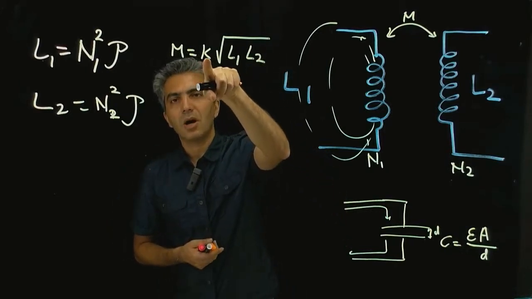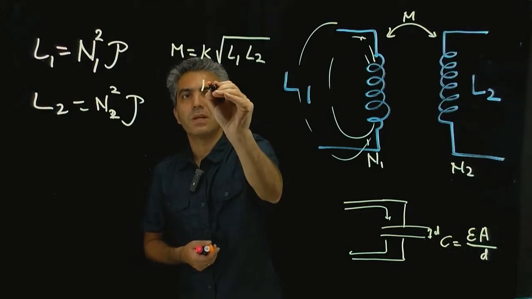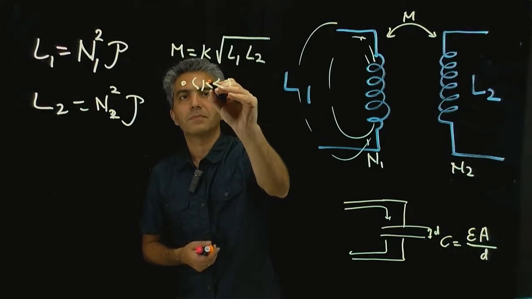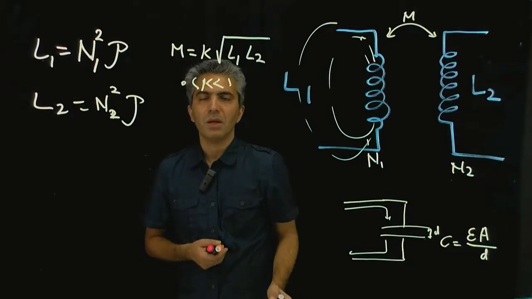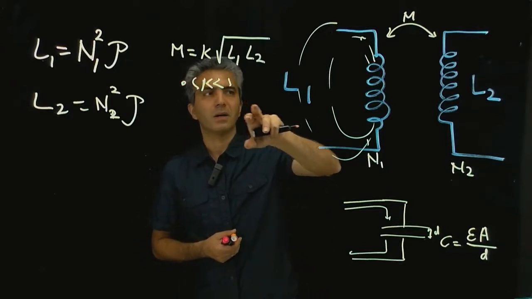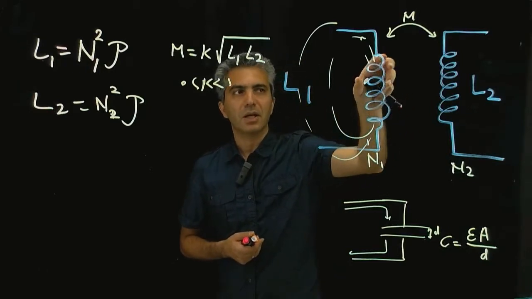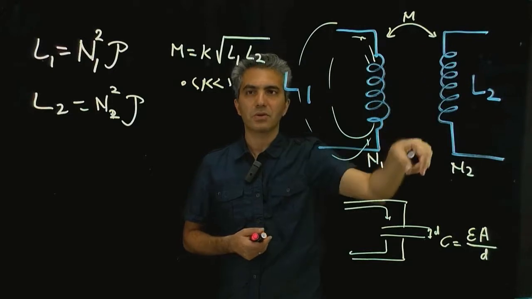This is a coupling coefficient, K, and is a number between 0 and 1. It is a function of the permeance of this inductor and the mutual permeance between the two.